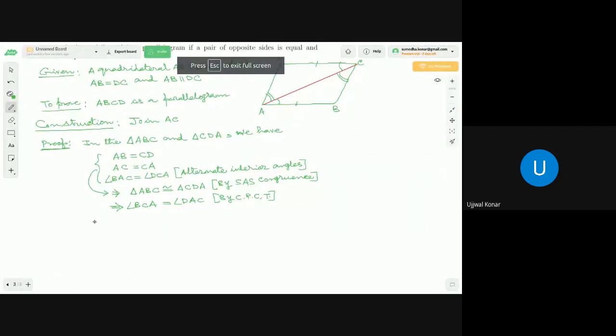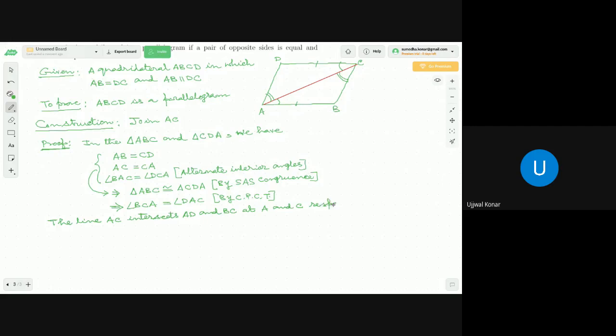The line AC intersects AD and BC at A and C respectively, such that angle DAC is equal to angle BCA.